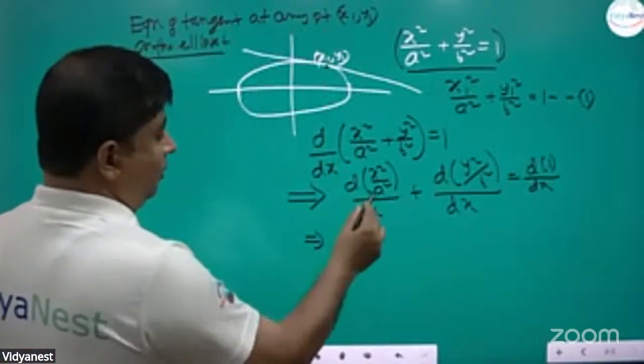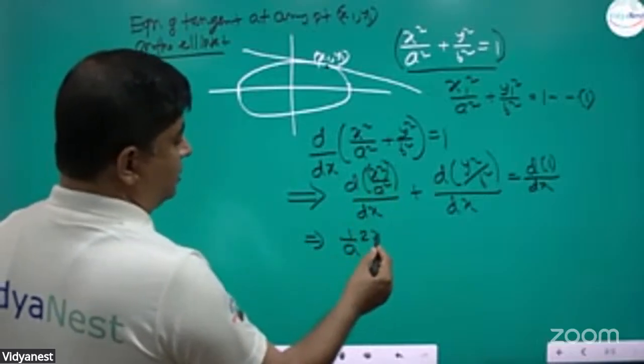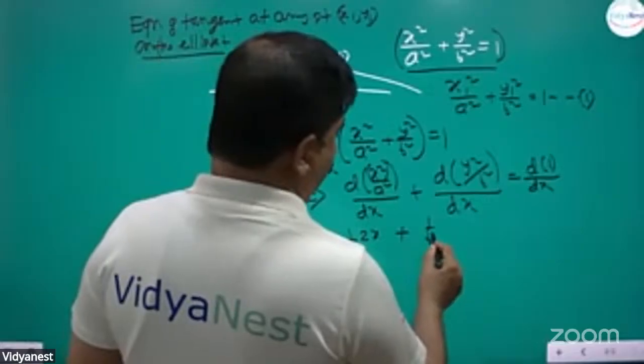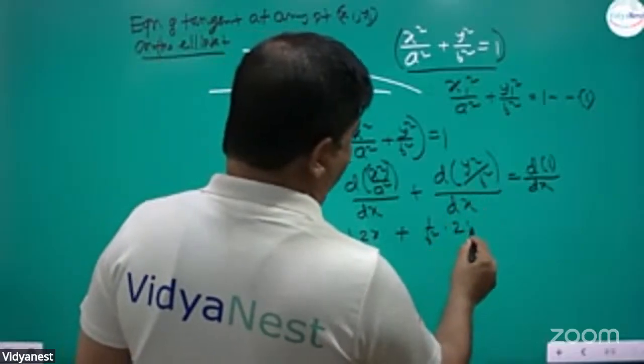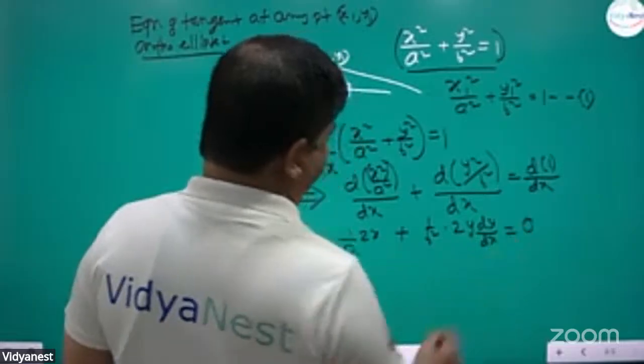So here 1 by a square is constant and the differentiation of x square is 2x. 1 by b square is constant, and by chain rule you get 2y dy/dx equal to 0.